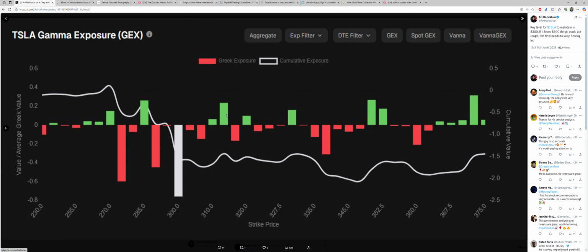Over that 300, you're going to come up towards that 315, 320 area, all the way up to 327, 330, I think you can get up to. So if you maintain this 300, I think you could get up to that 320, 330 area on Tesla.